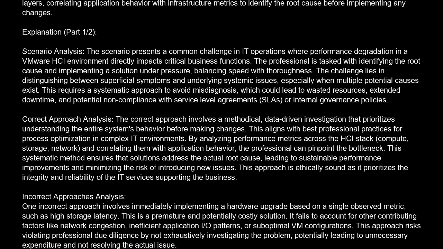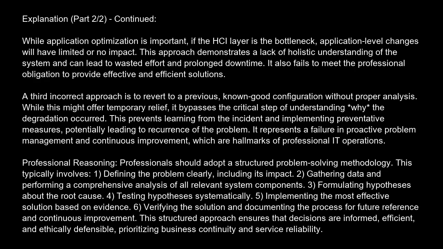Another incorrect approach is to focus solely on application-level tuning without considering the underlying infrastructure. While application optimization is important, if the HCI layer is the bottleneck, application-level changes will have limited or no impact. This approach demonstrates a lack of holistic understanding of the system and can lead to wasted effort and prolonged downtime. It also fails to meet the professional obligation to provide effective and efficient solutions.